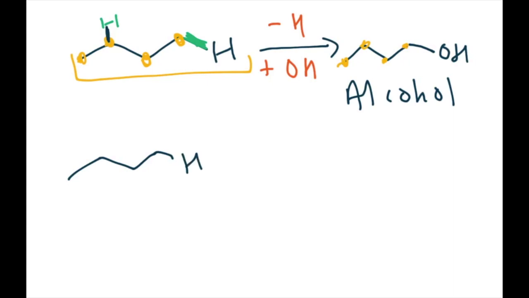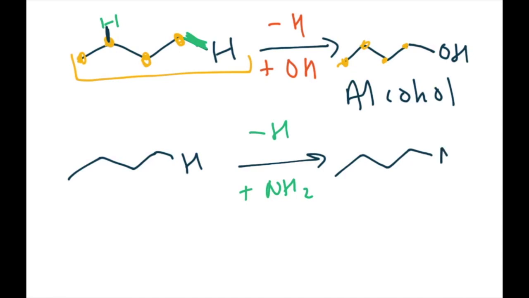I can lose my H and add, say, NH2. That will make this molecule now an amine. So for alcohols, you removed an H and put on an OH. For amines, you removed an H and put on a nitrogen, in this case an NH2.